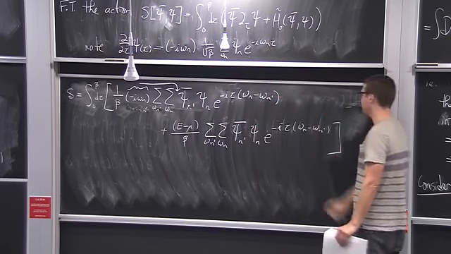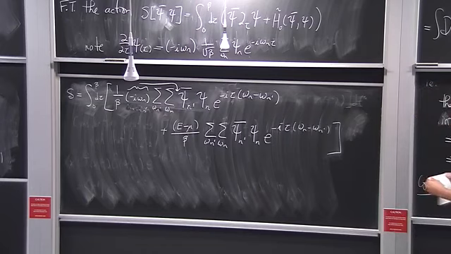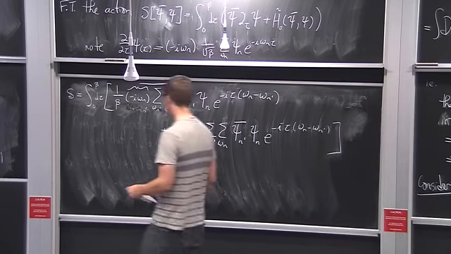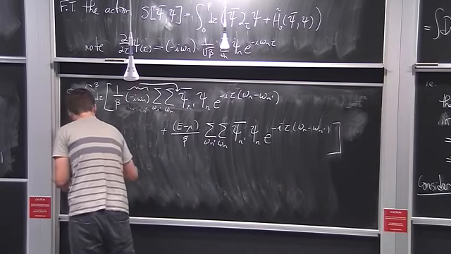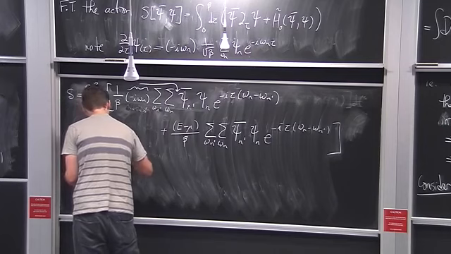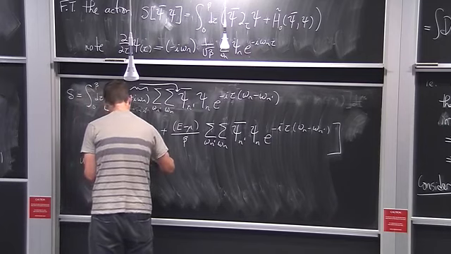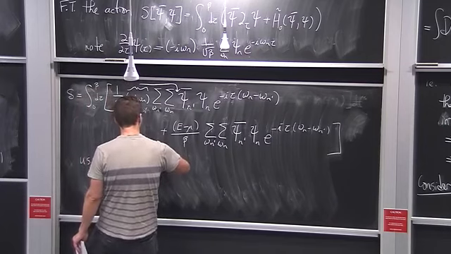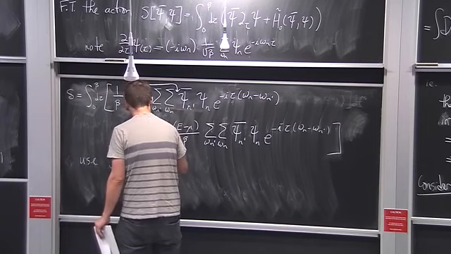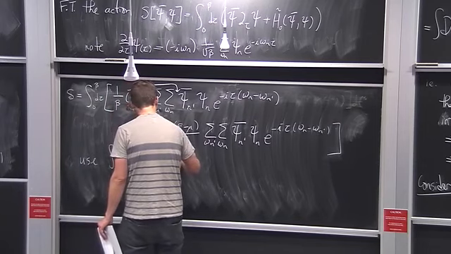Okay, so that's it. Then the next thing is you just basically have this inverse Fourier transform over tau, right? So you just use tau, omega n minus omega n prime.